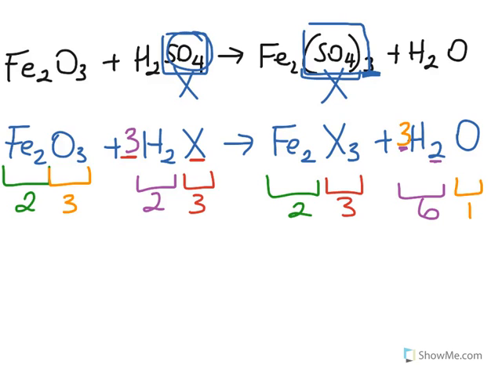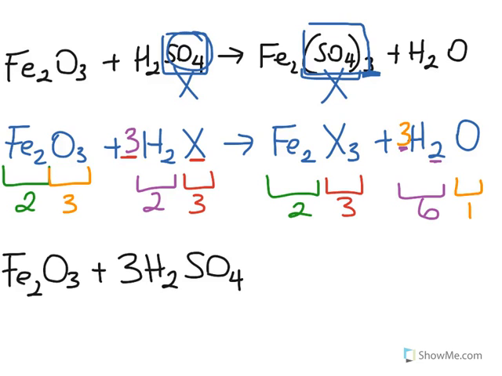So we have our iron plus 3 H2SO4 with 2 ions. Oh, sorry.